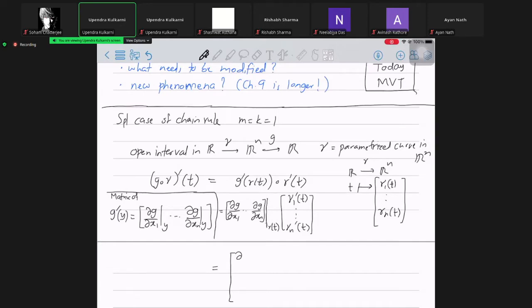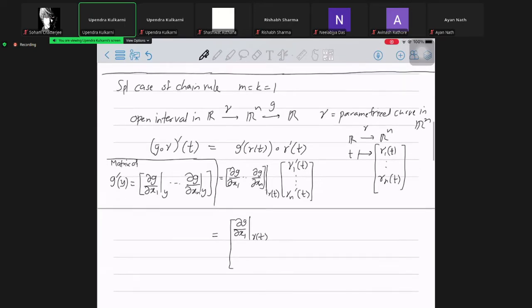So let me write this down as del G by del X1 at gamma of t all the way up to del G by del Xn at gamma of t. And I want to write the other one here, which is gamma 1 prime of t up to gamma n prime of t. And you see what I've written here is nonsense. I cannot do this matrix product. However, there is an operation that does make sense when I write those two column vectors next to each other to get a number.